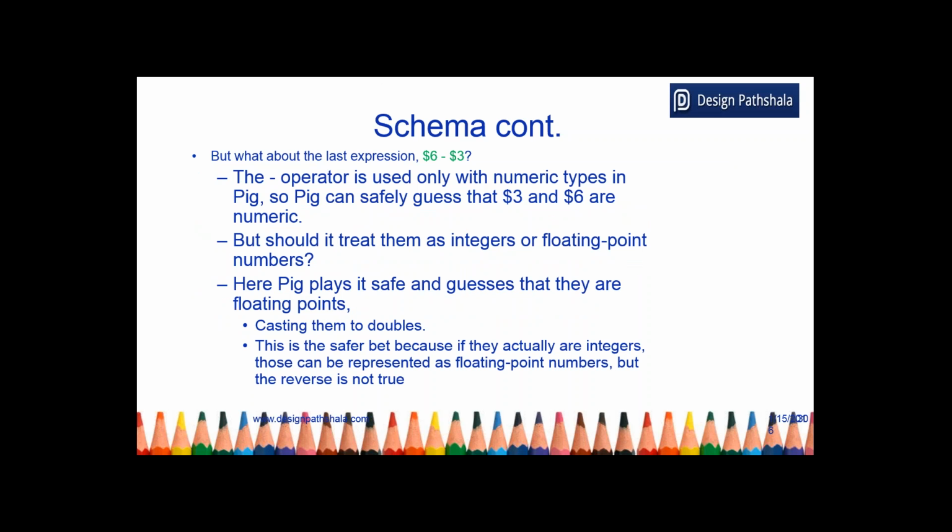Rather than assuming that it is a type of int, it will assume the best suitable type which can fit any kind of numbers. That is floating point, which can fit your integers and doubles. So it tries to play safe and assumes these columns are of type float and will generate the outputs as float.